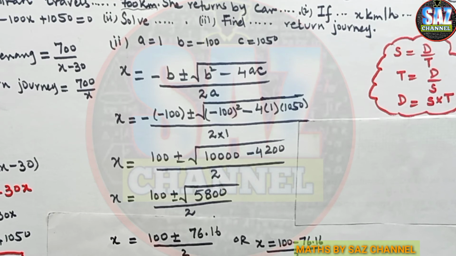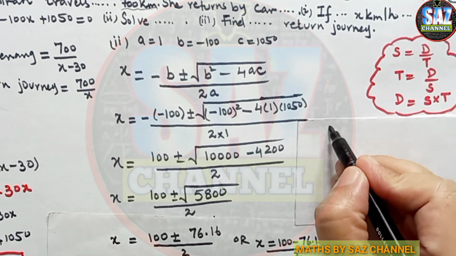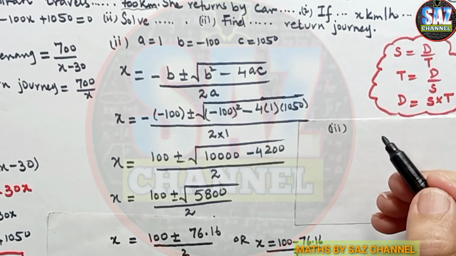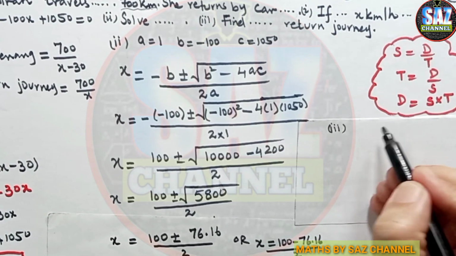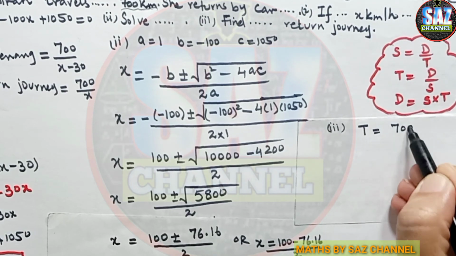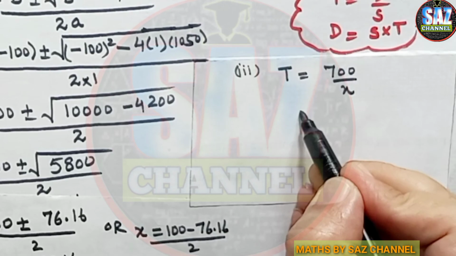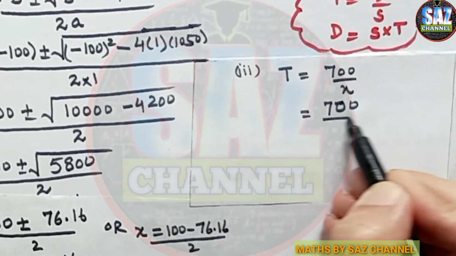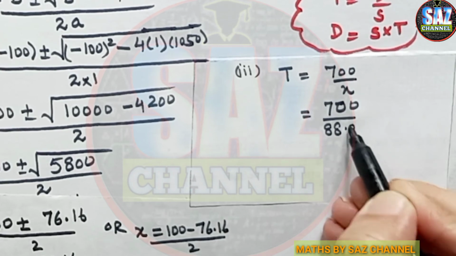Now, the final part of the question says, find the time taken for the return journey. In order to find the time taken for the return journey, the expression for the time is time equals 700 upon x, and x has the value 88.08.